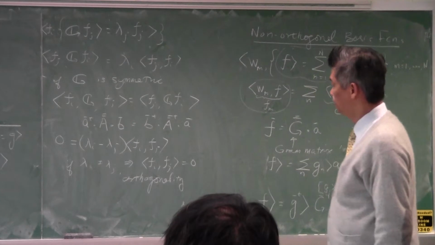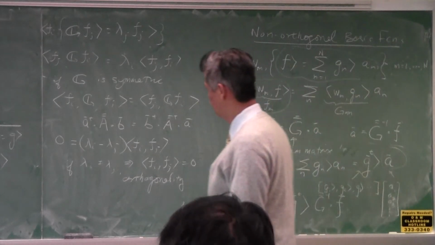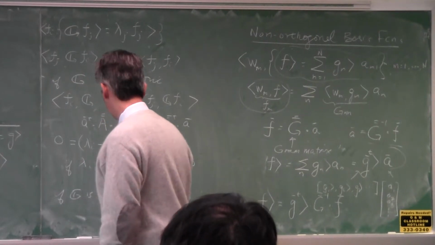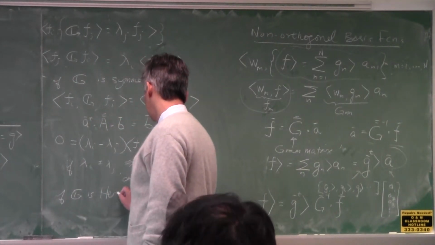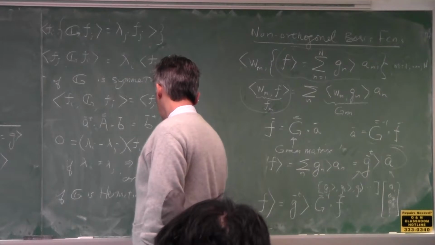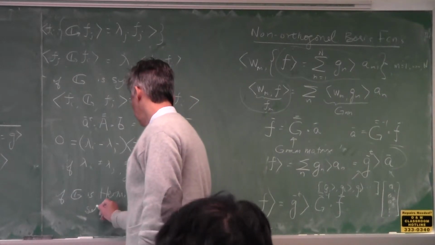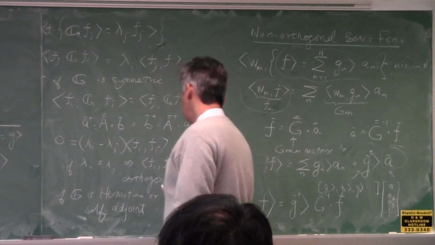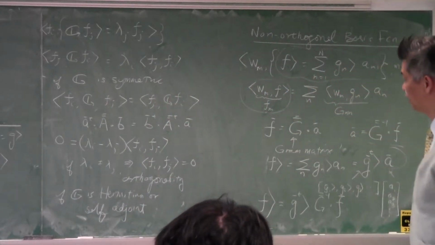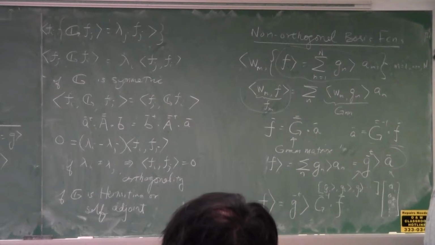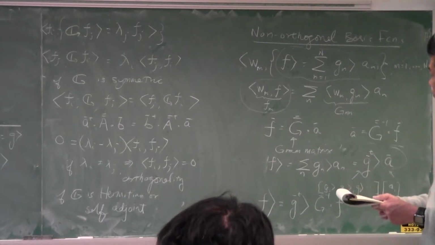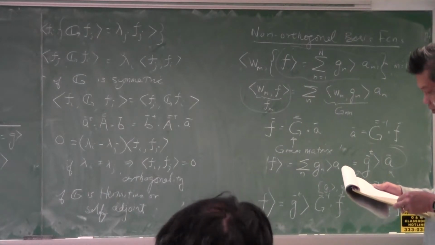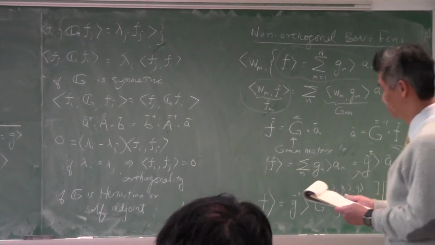You can go through a very similar proof if G is Hermitian or self-adjoint. In that case, you can even prove that all the eigenvalues have to be real. And this works for eigenvectors and eigenvalues in the infinite dimensional Hilbert space as well.